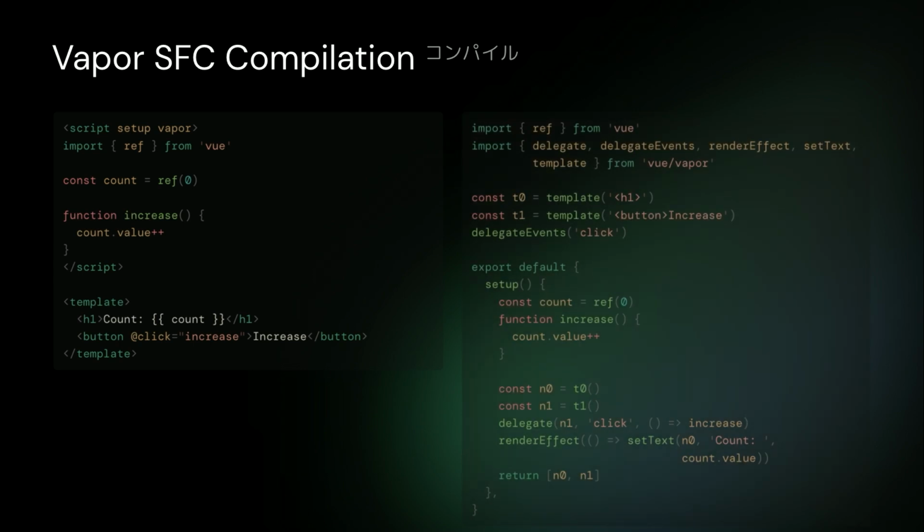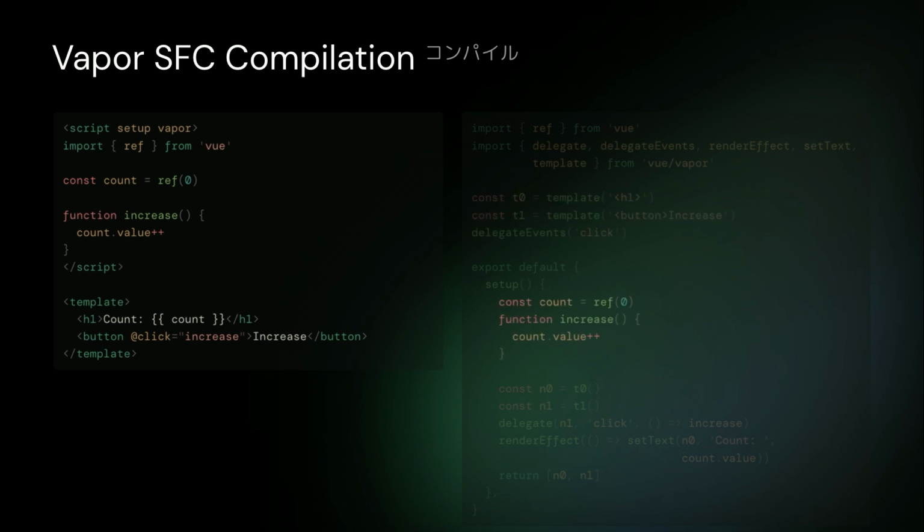Now, let's walk through the compiled SFC step by step. First, the template is compiled into individual fragments, and event handling is delegated to the root nodes. This reduces the number of event listeners, which helps performance.